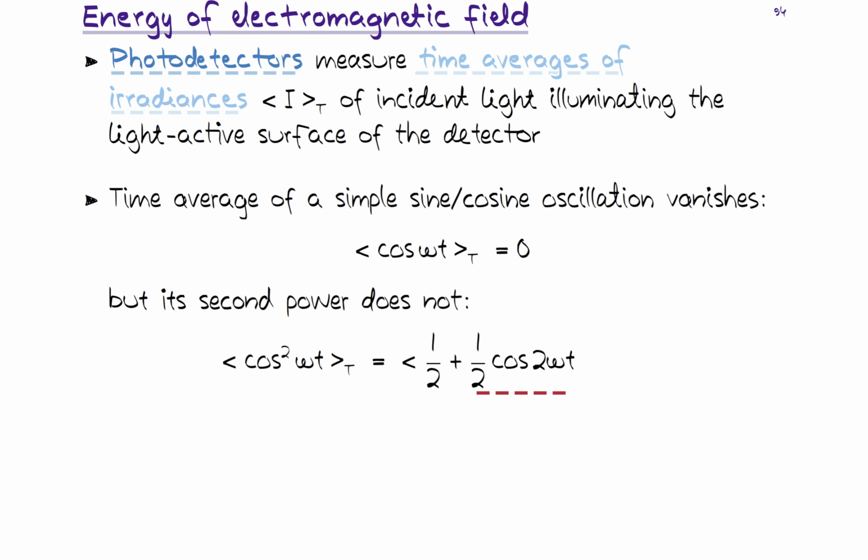And this again goes to 0 when we calculate the time average, but definitely this 1 over 2 term does not. So this 1 over 2 term is what persists when we are calculating or measuring the time average of the Poynting vector.